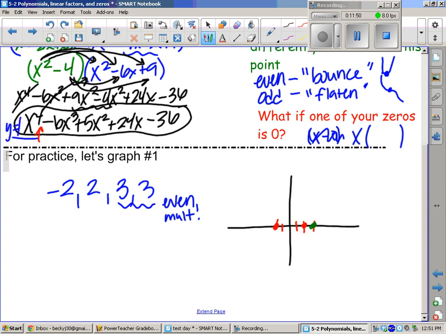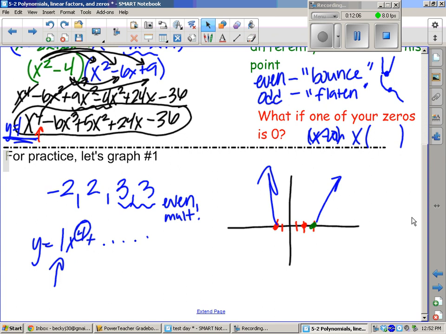Well, guess what? We already did FOIL it out. It's right here. Okay, so we have y equals 1x to the 4th, and yes, we got other stuff. We need to know that the leading coefficient is positive, so that means that we end up. And this time the degree is even. That means they do the same, so up and up. And you might be tempted to go through, and through, but if you did that, you would end back down again. And what's going to happen, the special point, my green point on there, that's the bounce that happens.